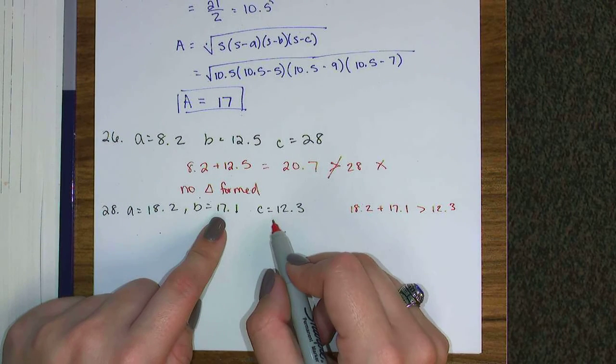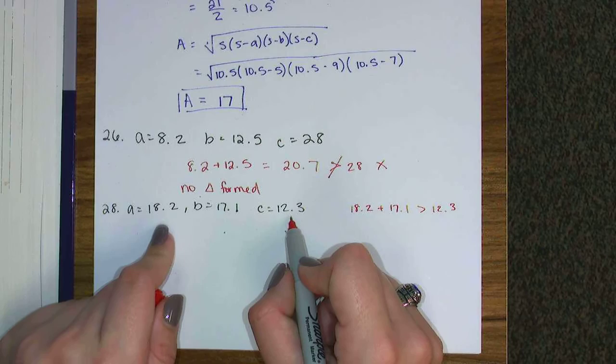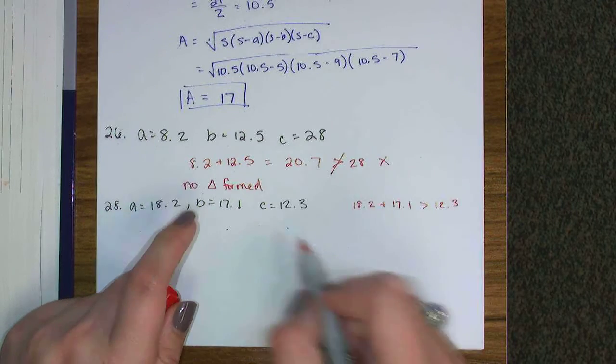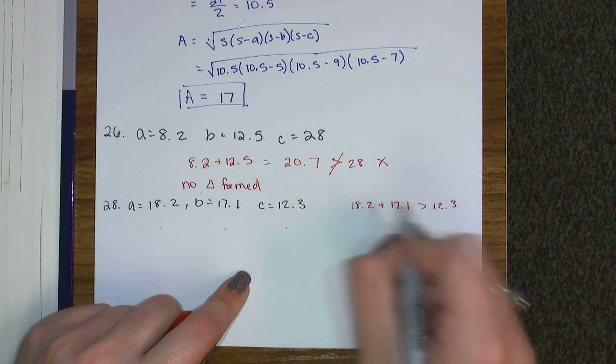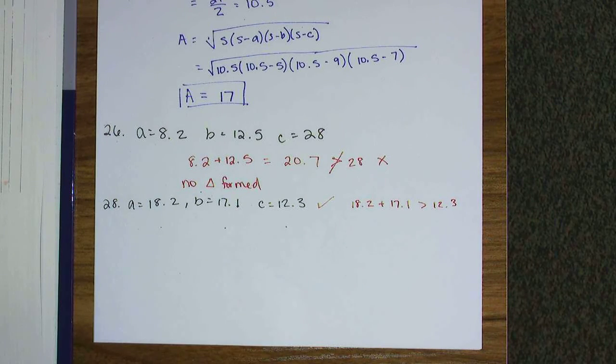Obviously I can see 17.1 and 12.3 is greater than that. And ultimately I can see that those two are greater than that. So I don't even really need to check it. I can just verify there that I've checked it. And if you just do that and just show me that, give me a little check, show me that you did check it, I'm good with that.